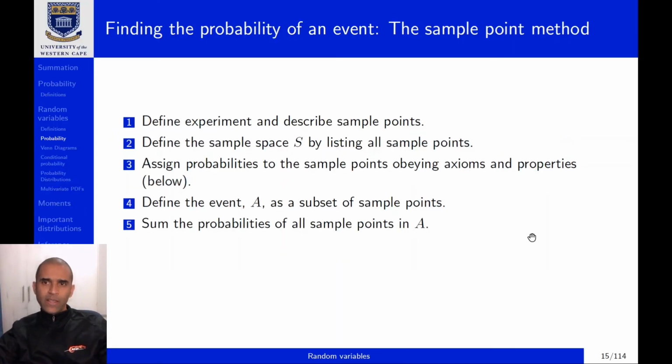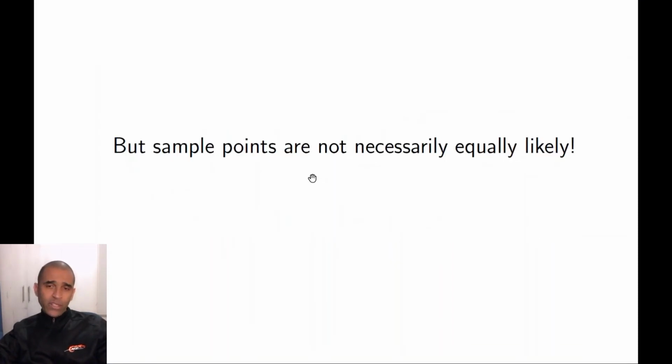Okay. Then there's another way of calculating probability, because in many instances sample points are not necessarily equally likely. It happens to be the case in the example of flipping a coin 5 times. Any one of those sample points is equally likely, for the simple reason that the outcomes are all independent. The individual flips are all independent from each other.